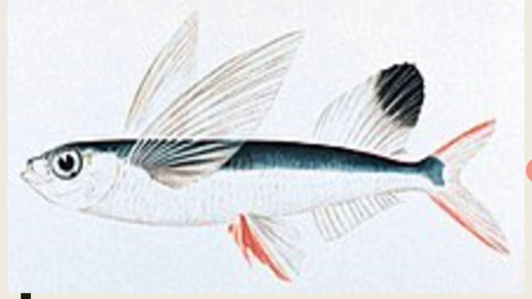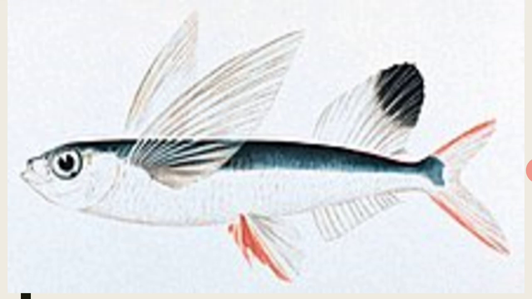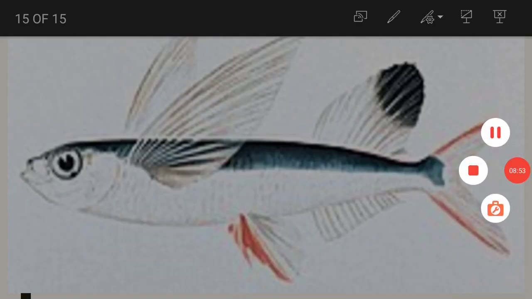So basically the classification of fish is based on the type of endoskeleton, namely whether it is made up of cartilage or bone. So this is about the various general characters and classification of the fishes. Thank you very much.